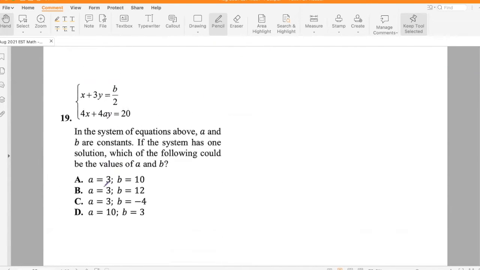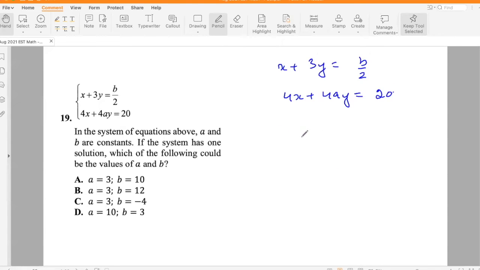In the system of equations above, a and b are constants. If the system has one solution, which of the following could be the values of a and b? So x plus 3y is b by 2, and 4x plus 4ay is 20.